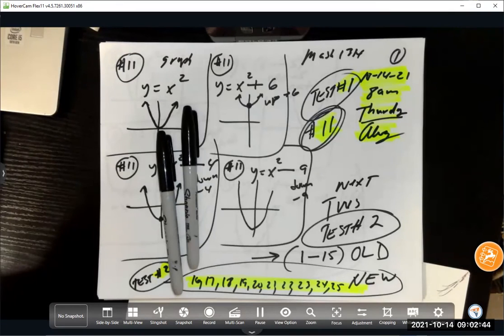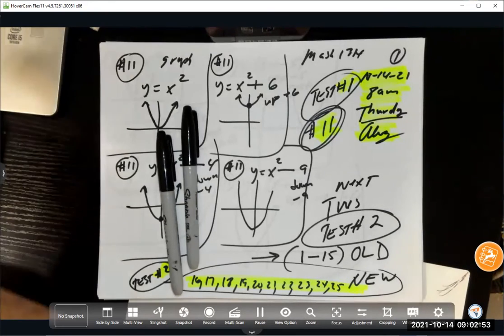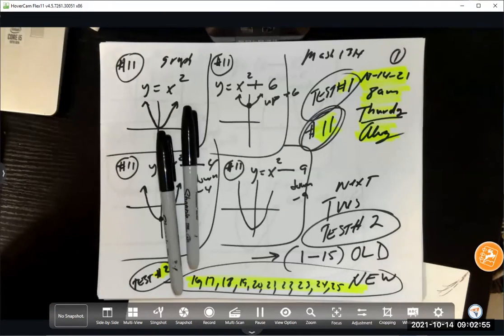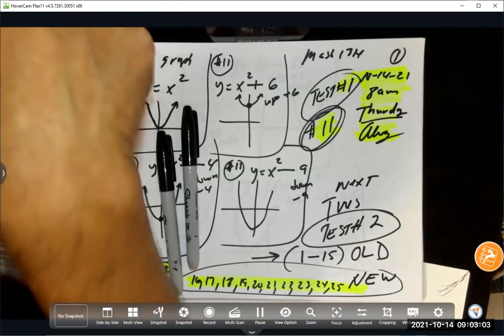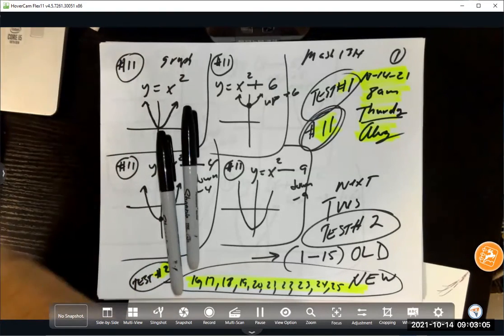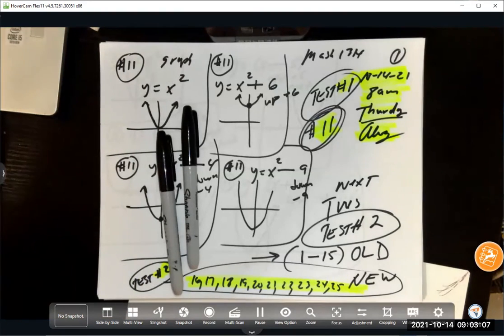On the Pearson test, you know how you told us that we could retake it if we wanted to? Sure. I don't know how to retake it. Just go to test number 1 again. Open test number 1, and when you do it, it'll have the problems that you already did. It has check marks on it. It says yes. Number 1, 2, 3, 4, 5. Those are done. Don't do those questions. Just do the ones that you missed. So let's say you missed number 5.